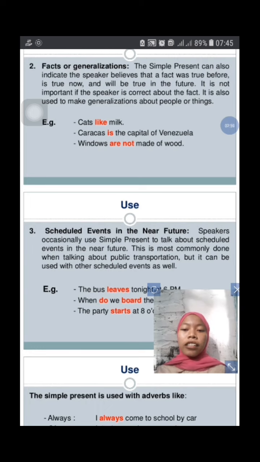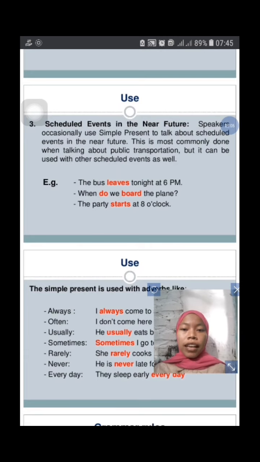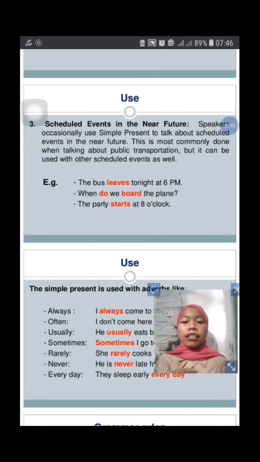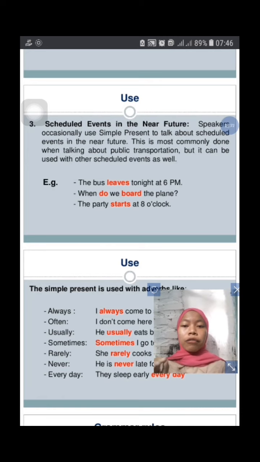And the third use of simple present tense is scheduled events in the near future. Speakers occasionally use simple present to talk about scheduled events in the near future. Underline these words: in the near future.